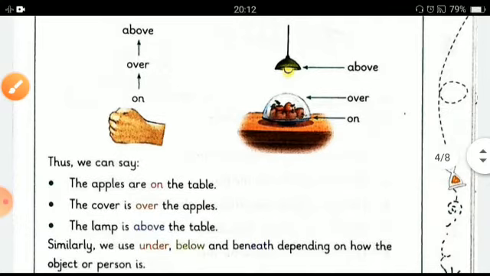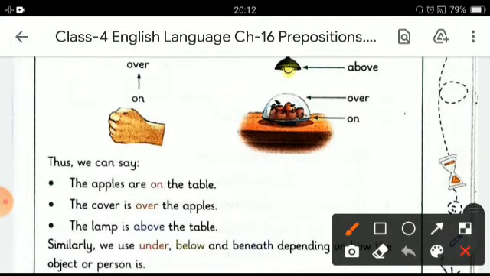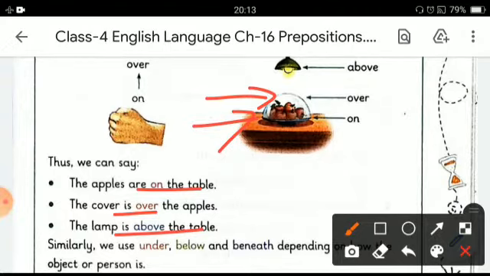Thus we can say, the apples are on the table. The cover is over the apples and the lamp is above the table.